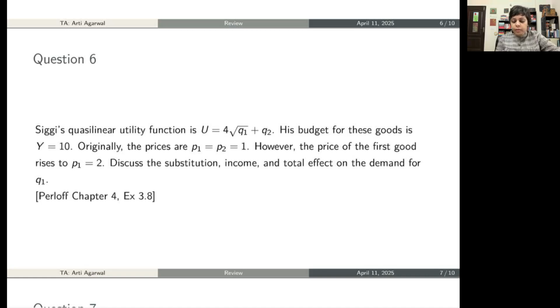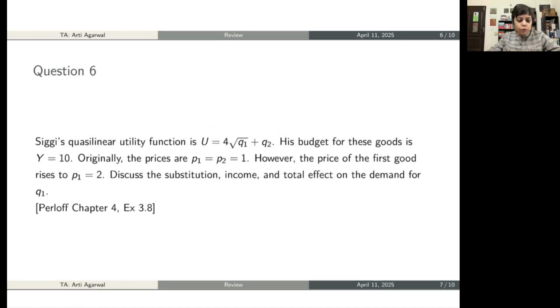Originally, the prices are P1 equal to P2 equal to 1. However, the price for the first good, P1, increases to 2. Now you're asked substitution, income, and total effect. We don't have a lot of time left, so let's give it maybe 1 minute for you to think how you're going to approach the problem, and then I'll solve it.